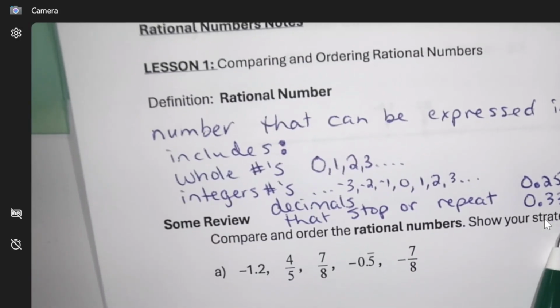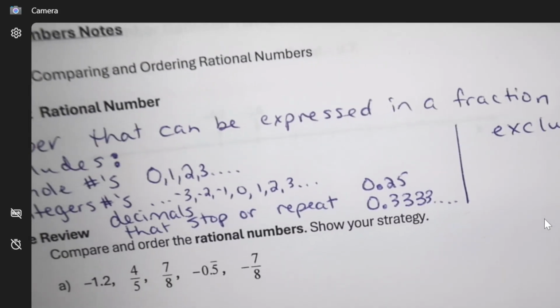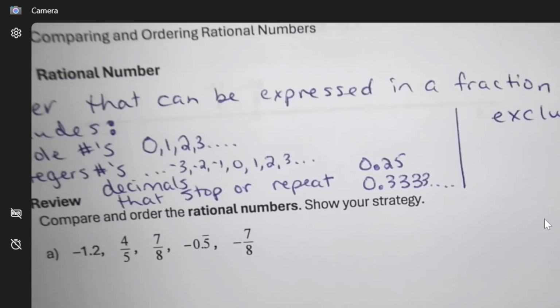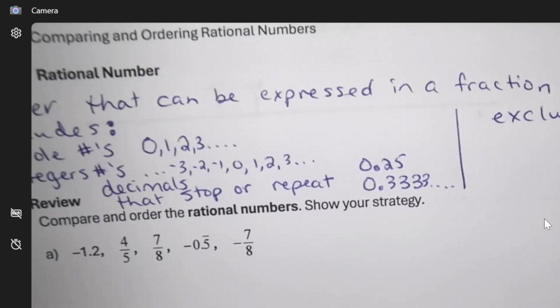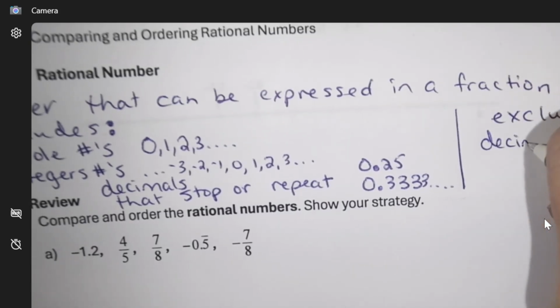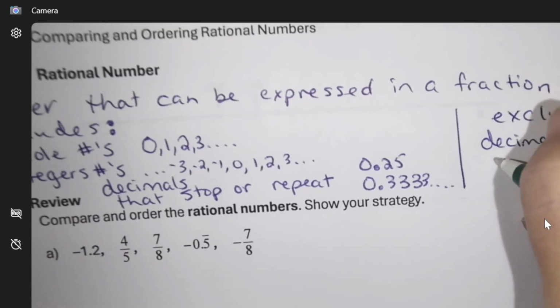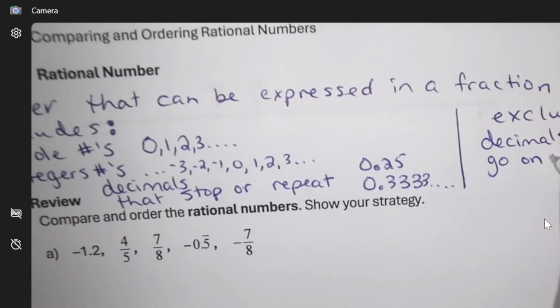Okay, so repeating decimals. It excludes what is not rational. So if we include all those things, what's not included then? Decimals that go on and on.